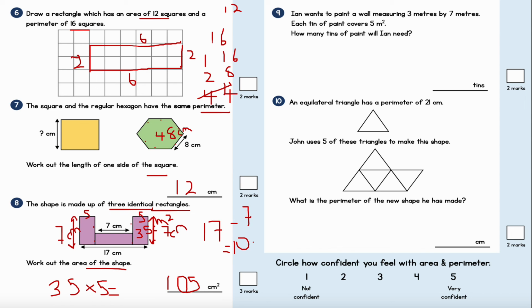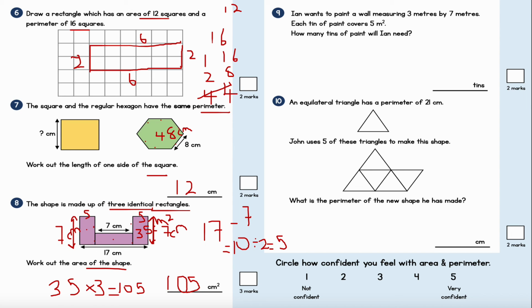Okay, so the length, or the height you could say, is equal to 7 and the width is equal to 5, depending on how you are looking at it. Okay, 7 times 5 is 35, times that by 3, and I get 105, okay, for that one.